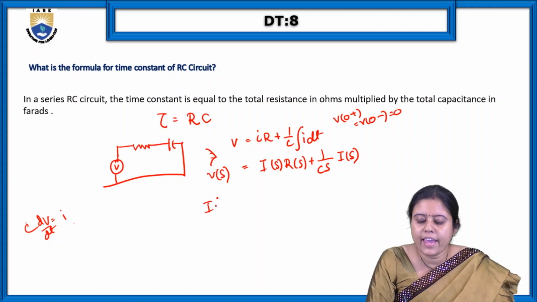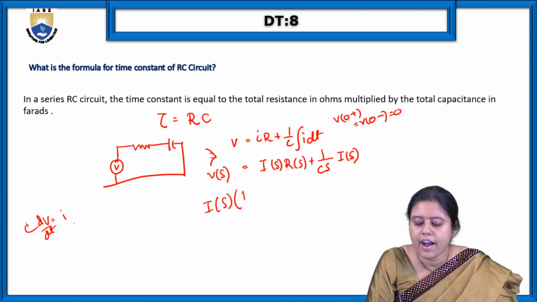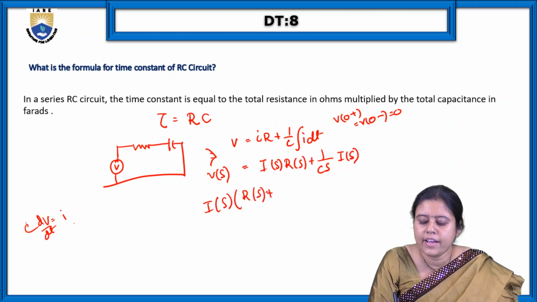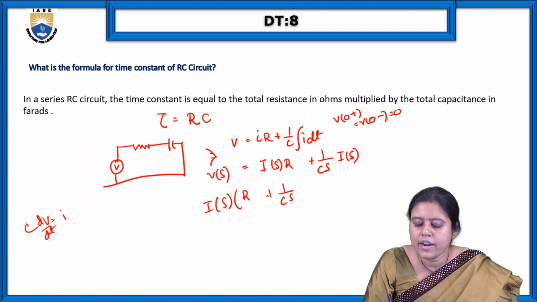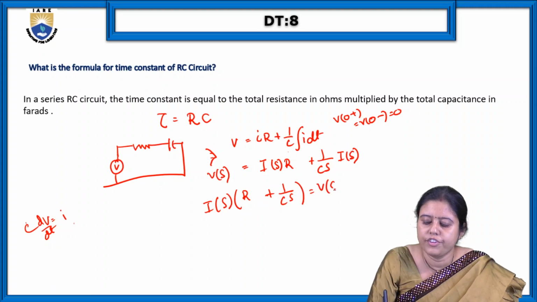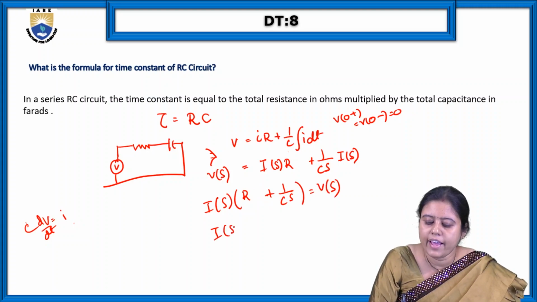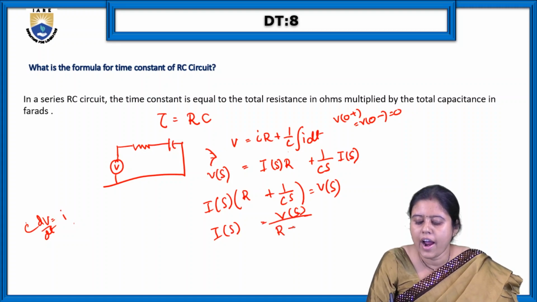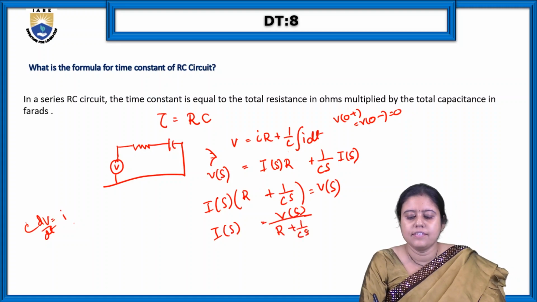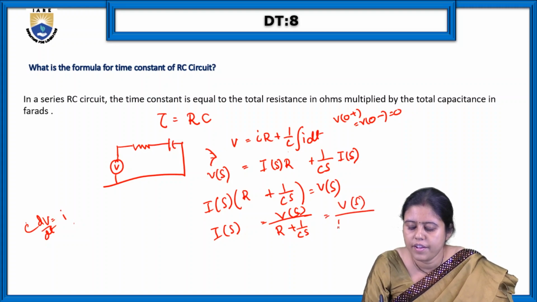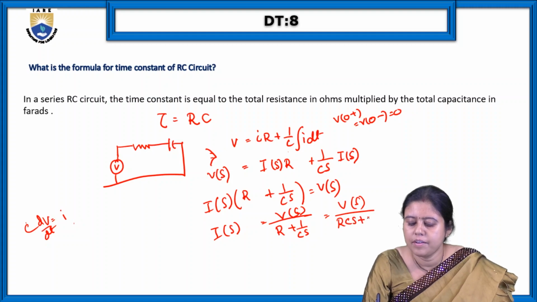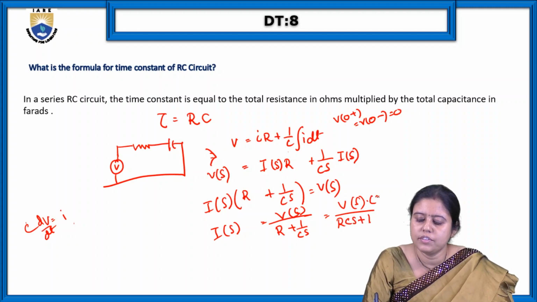So Is times R plus 1 by Cs is equal to Vs, so Is is equal to Vs by R plus 1 by Cs, or Vs into Cs by RCs plus 1.